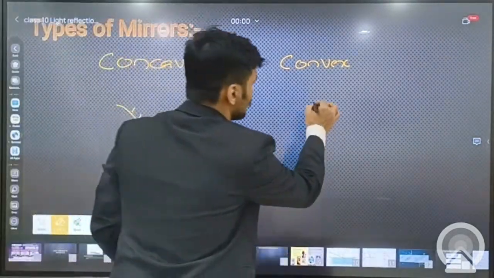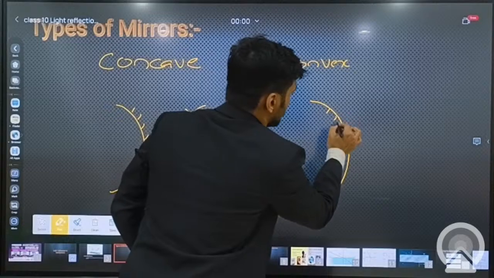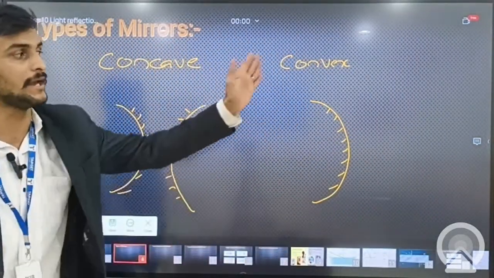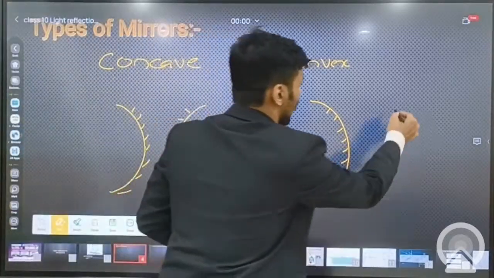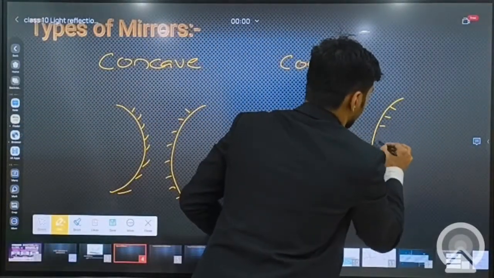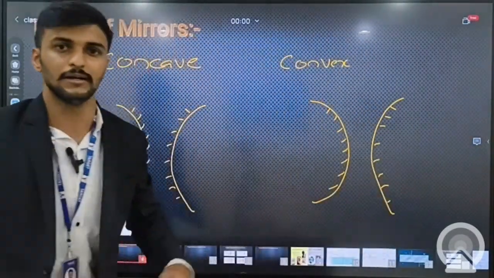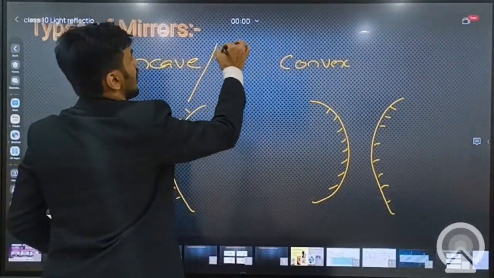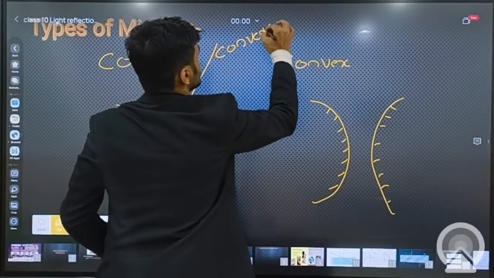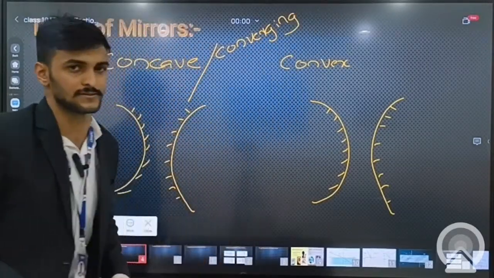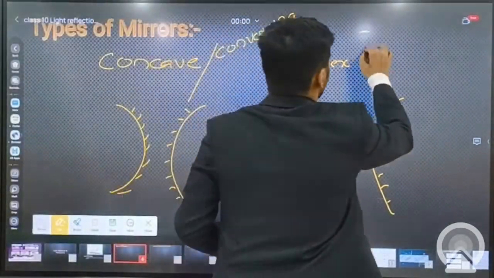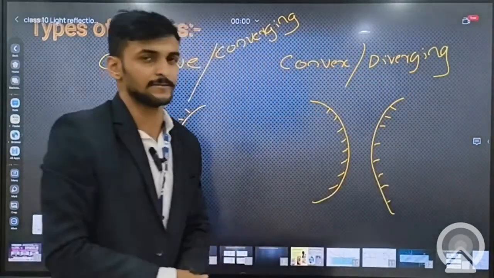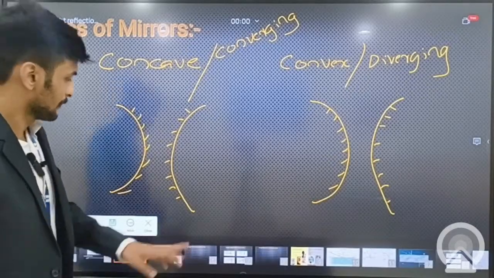For convex, the shading will be inside, or the reflecting surface will be outside. I can draw the convex like this. Concave mirrors are otherwise called converging mirrors, and convex mirrors are otherwise called diverging mirrors. Clear guys?